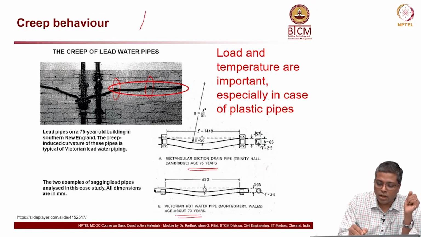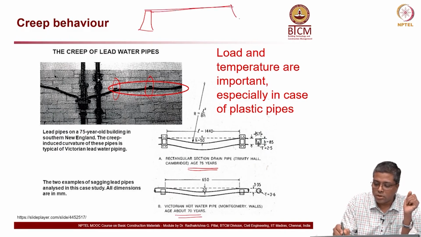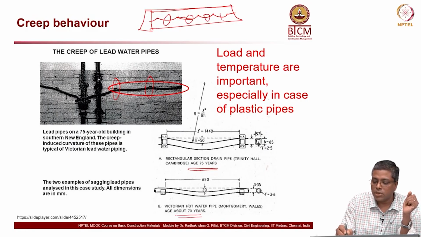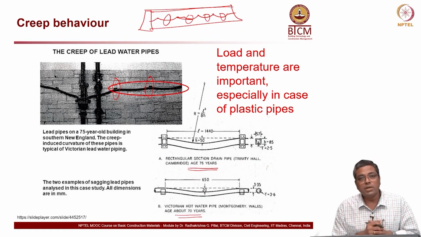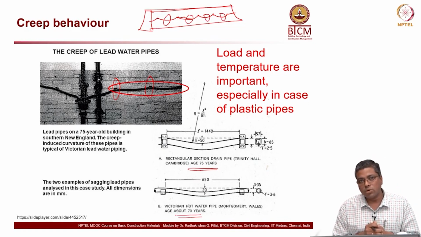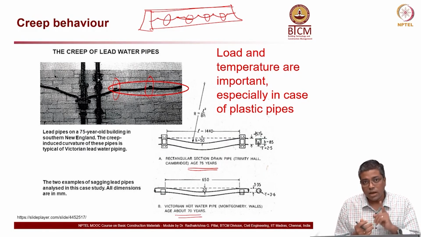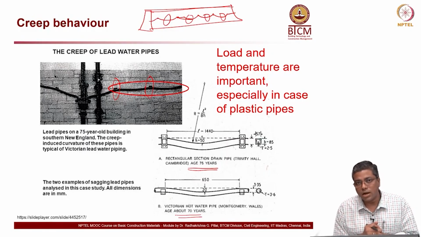So I am talking about these kinds of systems on the road. You will see an electrical conduit going like this. This sag is because of the creep. And what is the material used for the pipe? The electrical conduits are made of some sort of plastic, not metal all the time, and they are exposed to sunlight.